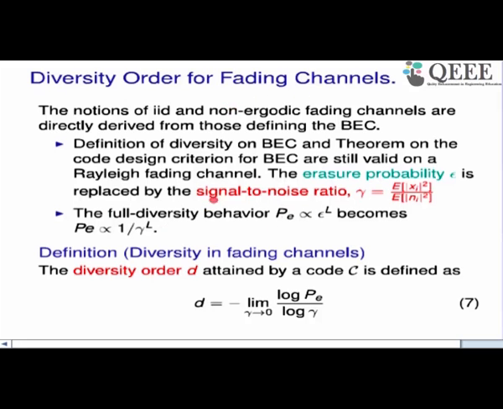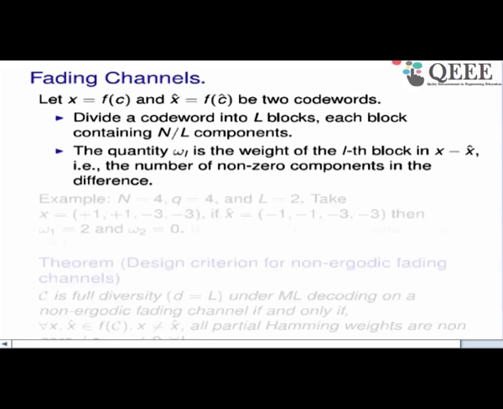I did not have to go through the entire derivation of the probability of error. It can be done. It is there in many of the textbooks. Okay. But here, I have been able to lift the concept from the binary erasure channel directly to the fading channel with some small changes. Okay. Now, I would like to come up with design criteria for the fading channel.